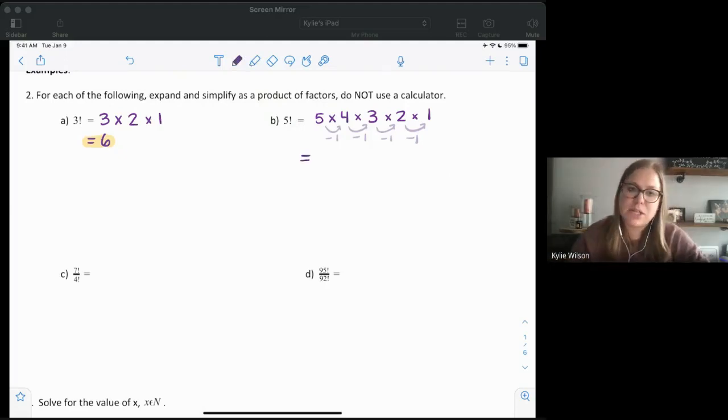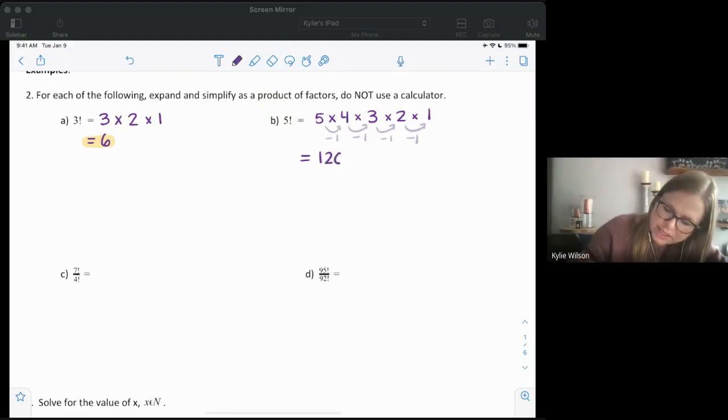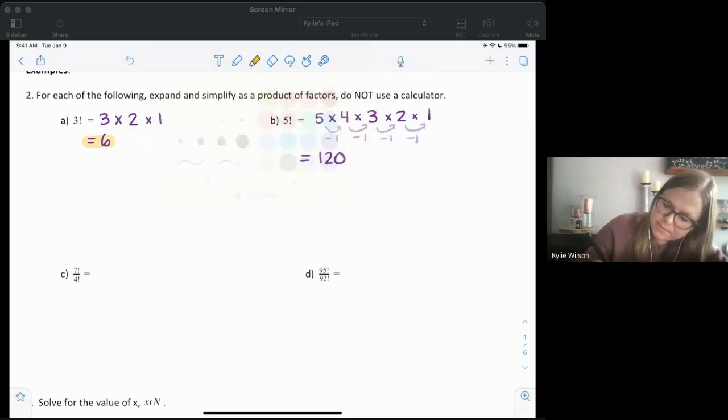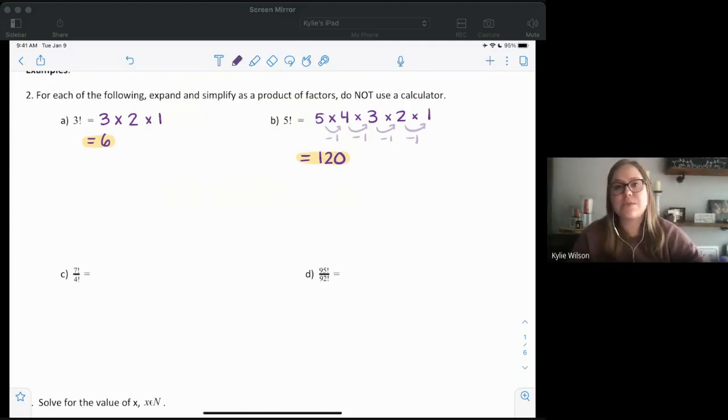And then I can multiply this. So 5 times 4 times 3 times 2 times 1 will give us 120. So that's how I write out a factorial, and that's what your calculator is doing when you use that factorial button. It's multiplying all of those numbers that are smaller than our factorial number.